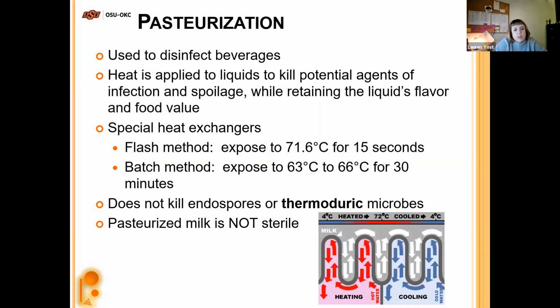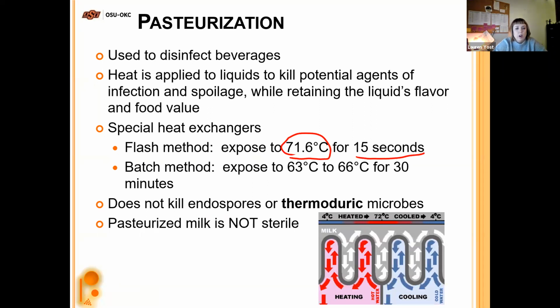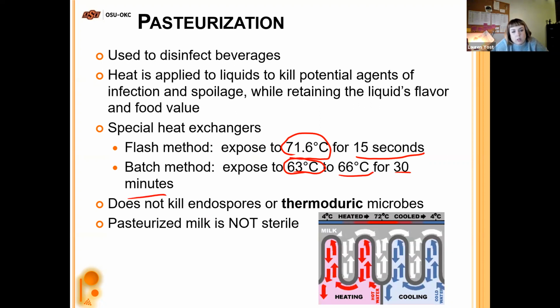With the flash method, we expose it to 71.6 degrees Celsius for 15 seconds, then cool it, heating and cooling repeatedly. The batch method exposes it to 63 up to 66 degrees Celsius for 30 minutes, then cools it down.